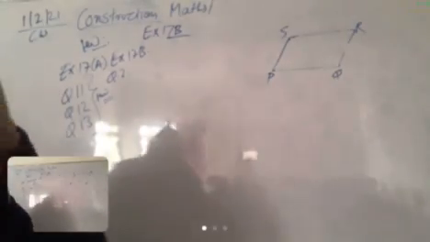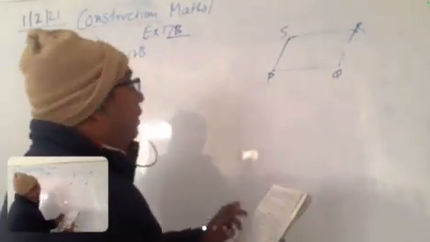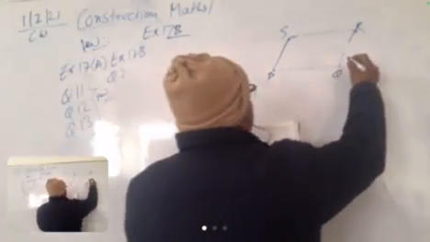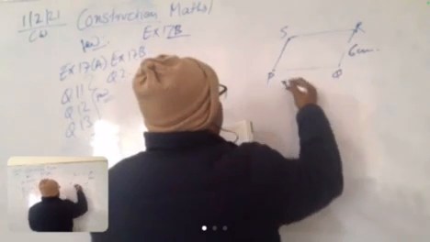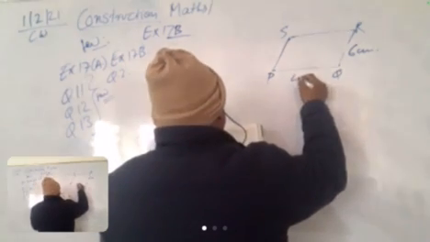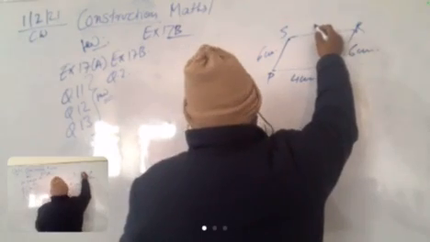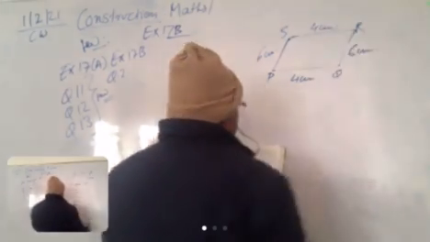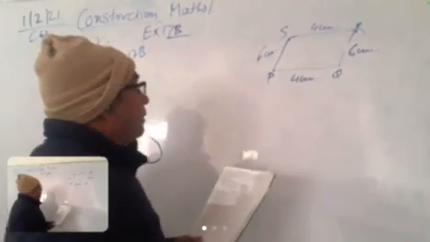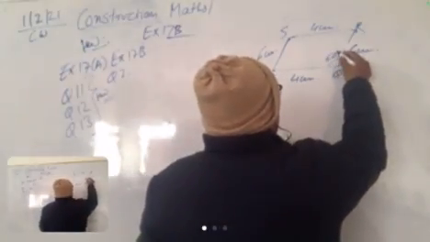In question number 3, PQRS is a parallelogram and QR is equal to 6 centimeter. And PQ, where is the PQ? PQ is equal to 4 centimeter. So this is 6 also, and this is 4 also. Now at PQ, this is 60 degree.